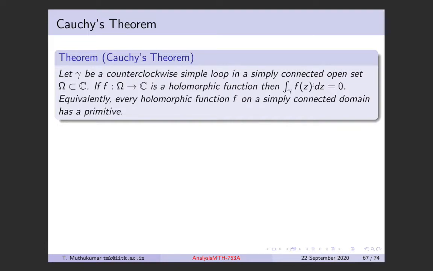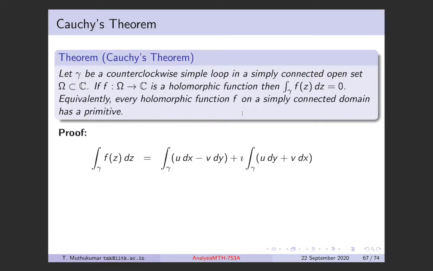So if f is holomorphic on a simply connected open set omega, then the integral over every loop is 0. And this is equivalent to saying, from the previous statement, that every holomorphic function on a simply connected domain has a primitive. Okay, we'll prove this theorem in 2 steps.